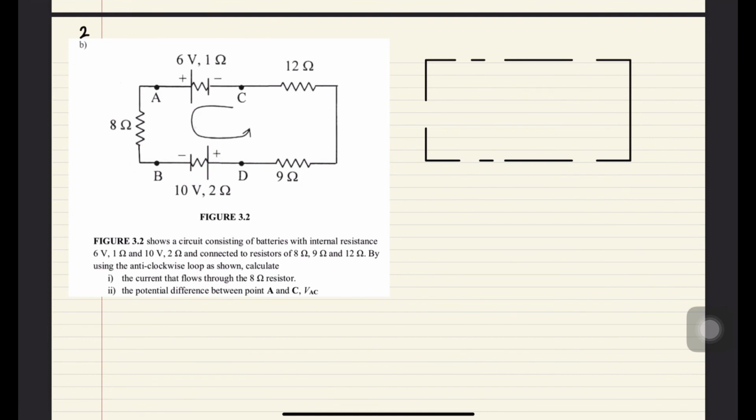Here you have 8 ohm, and then you have positive, negative terminal, and then internal resistance, another resistor there, and it should look something like this.